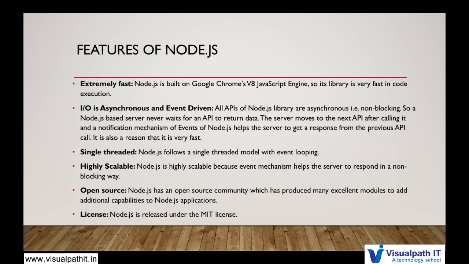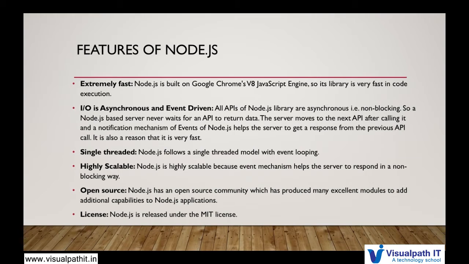It means if I request some API, it will open a thread, in the case of Java or PHP. But Node.js is single threaded. A single thread can maintain every application of Node.js. So it's highly scalable.